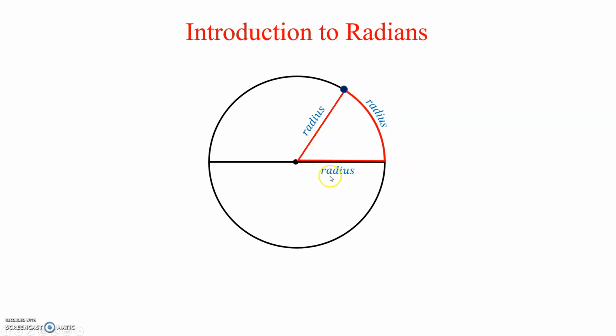If I hooked another radius there, we have an opening. This angle opening right here was defined by the distance of the radius. So three different radii, radius the length, radius the length. The opening was defined by the radius. This opening is called a radian.